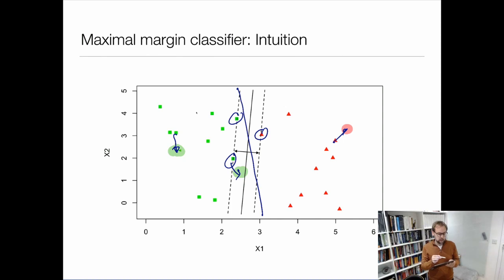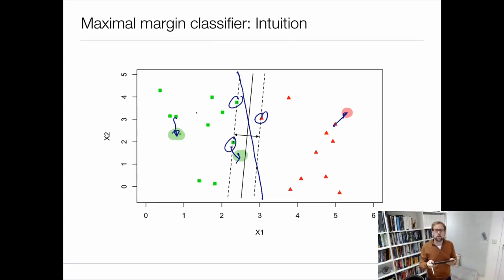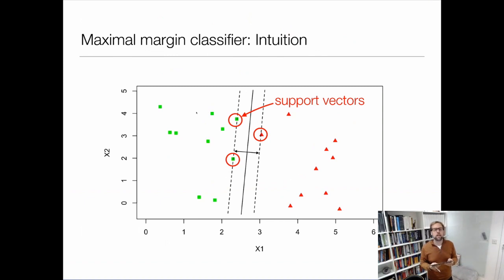This is why those 3 points have a special name, and those are called the support vectors. This is where the name comes from. They're not called support points, but support vectors, because there's always a vector which points towards them. As this is the origin, each point is represented by a vector x, and this is why they are called support vectors, because of the vector which represents the point here.